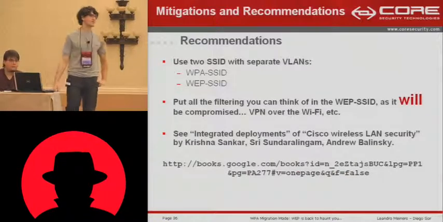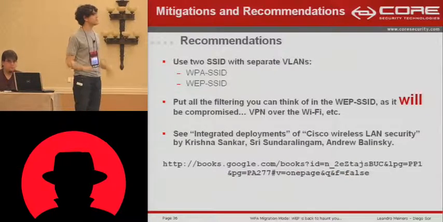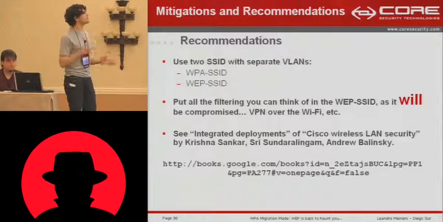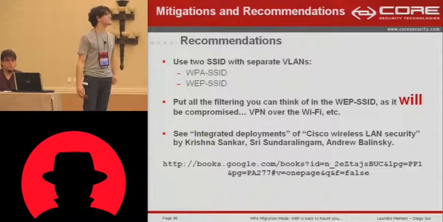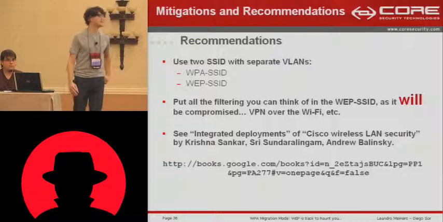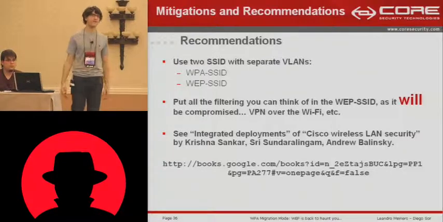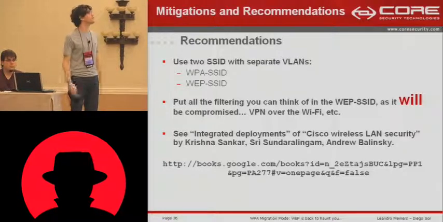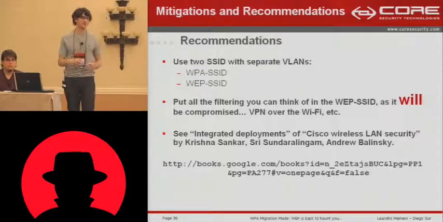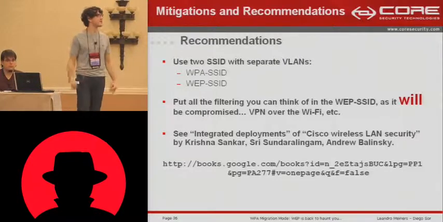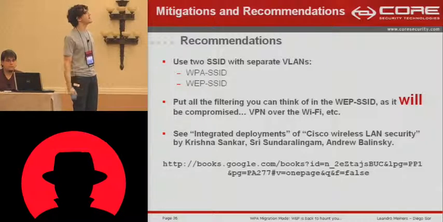And some recommendations. Try to split your AP using two different service set identifiers, one for WPA and the other one for WEP. So you can put all the filtering and all the access control you need between those VLANs.